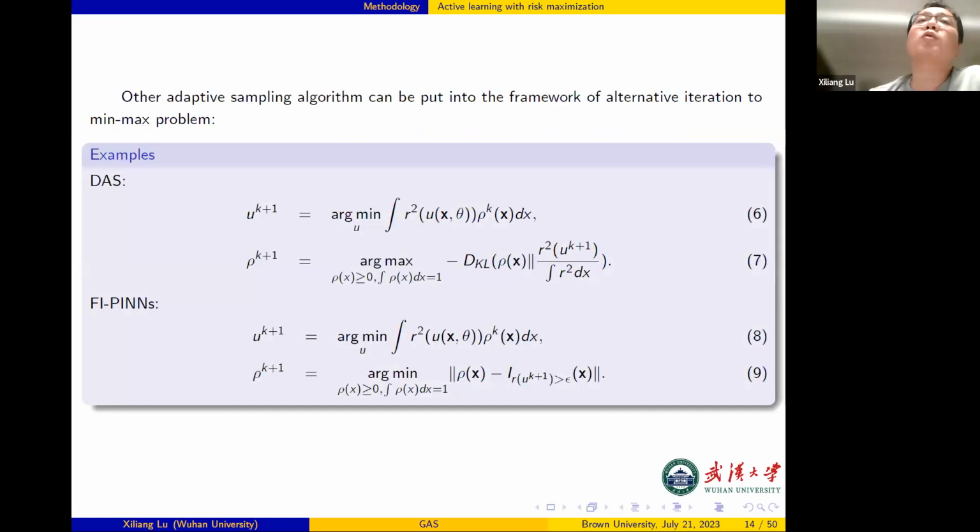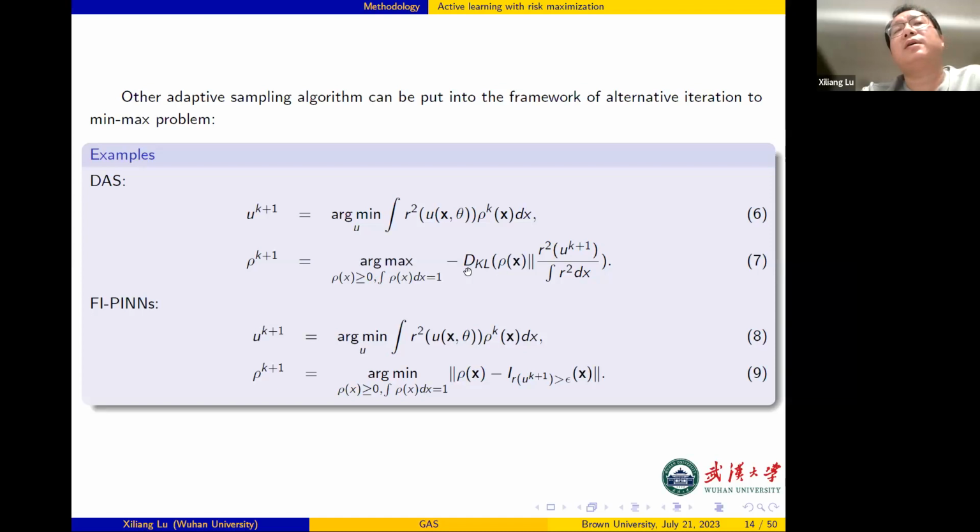We try to understand other sampling algorithms in this framework, but not exactly the same. We use DAS and FI-PINNs as examples. For DAS, u^{k+1} is just solving the primal minimization problem given rho.